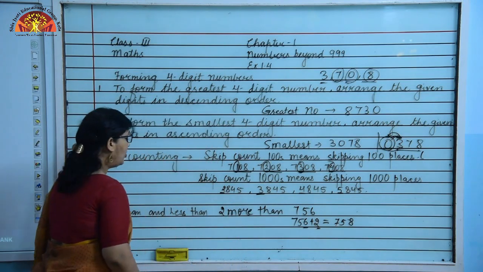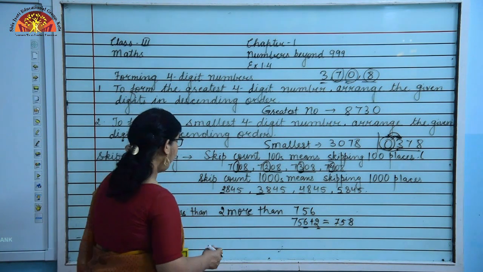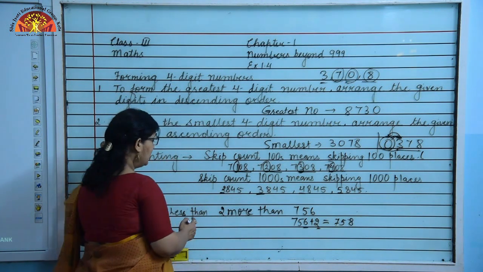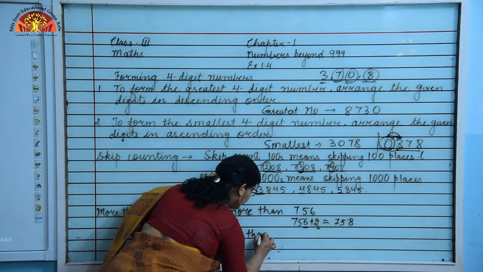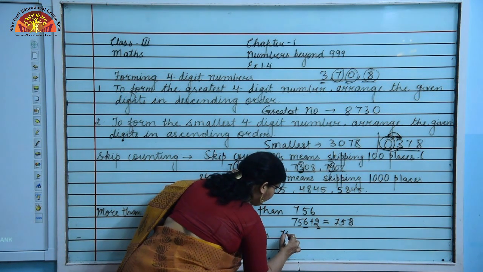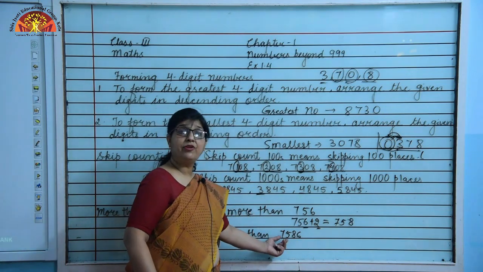Now if we want to write less than, less than means subtracting. If we want to write 7 less than 7586, it means we subtract 7 from this number.